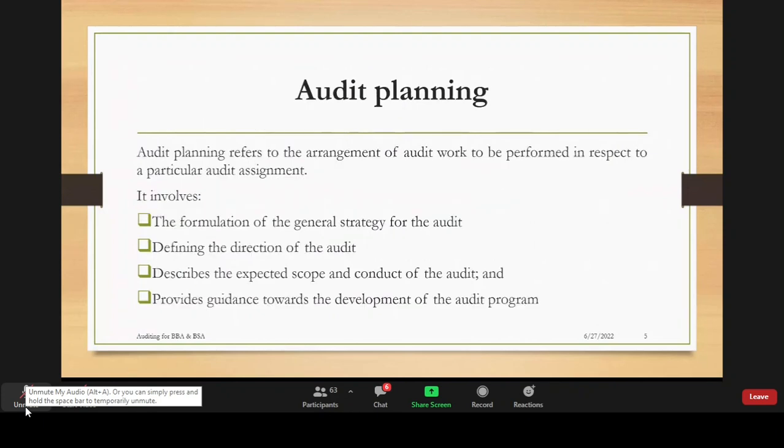Now, let us look at the first phase, which is audit planning, what we said. So audit planning is basically, like I mentioned, arranging your audit work, how you're going to do it. Now, the planning varies based on the complexity of the assignment.